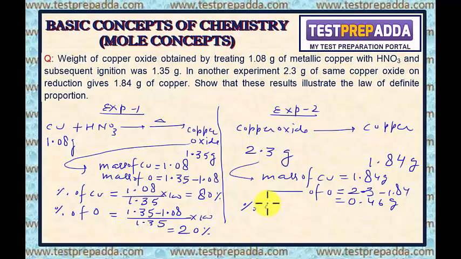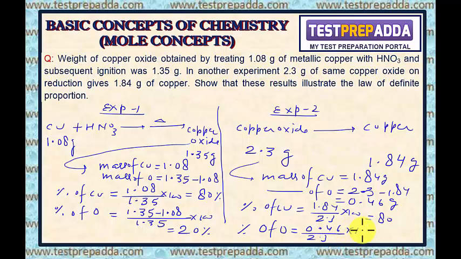So if I try to find percentage of copper in the copper oxide with the help of experiment 2, I can write this as 1.84 upon 2.3 into 100. The value comes as 80, and percentage of oxygen comes as 0.46 upon 2.3 into 100. The value comes as 20.